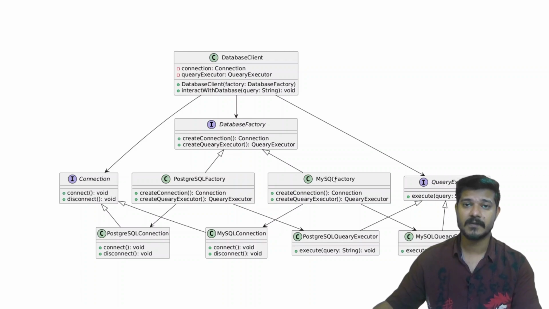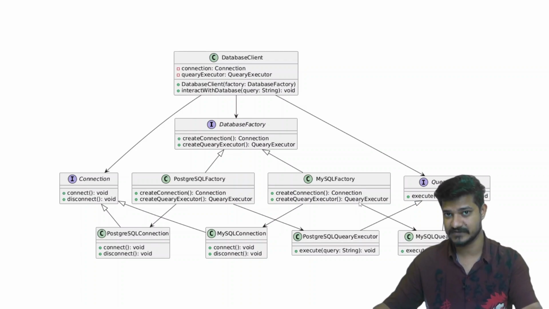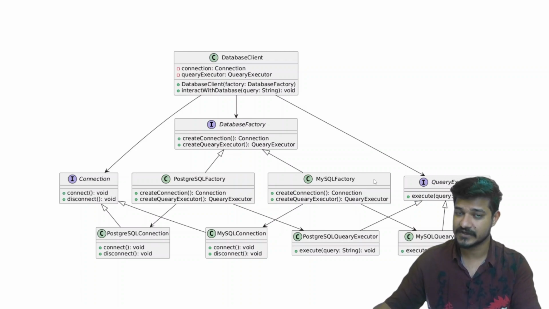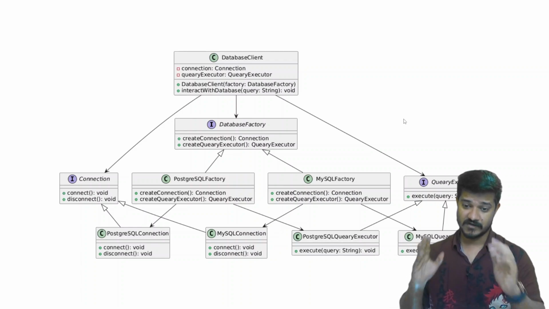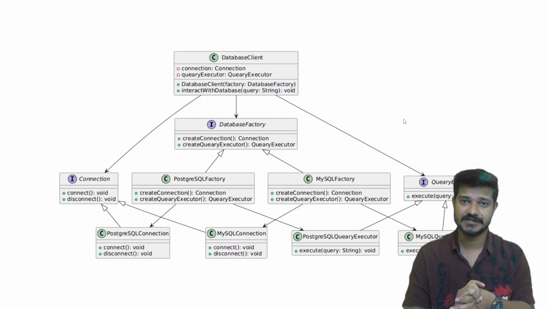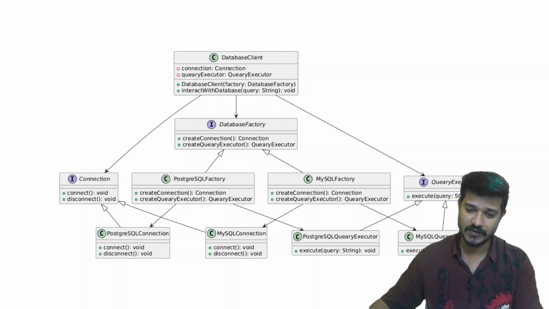Correct. So this way you can make sure that the objects that you are creating are compatible with each other. MySQL factory will create all the objects which are related to MySQL. PostgreSQL factory will create all the objects which are related to PostgreSQL, right? So yeah, if we have a look at this, let's go ahead and implement it.